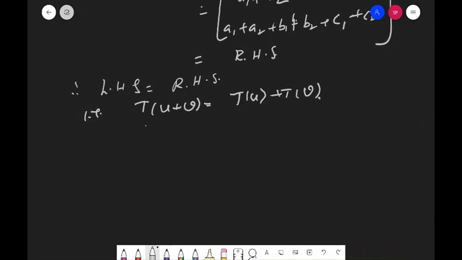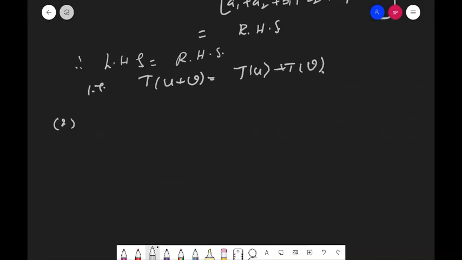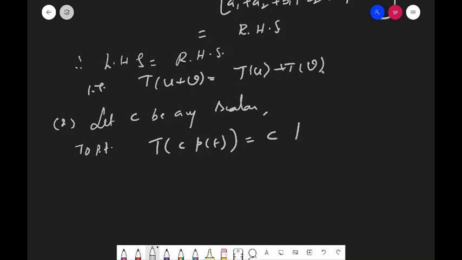What is there in the second one? So let c be any scalar. We have to take some scalar. Then we have to prove that T of c into P of t is equal to c into T of P of t.